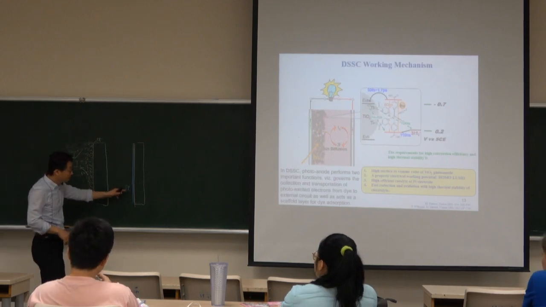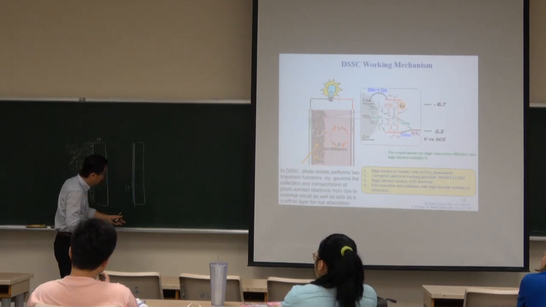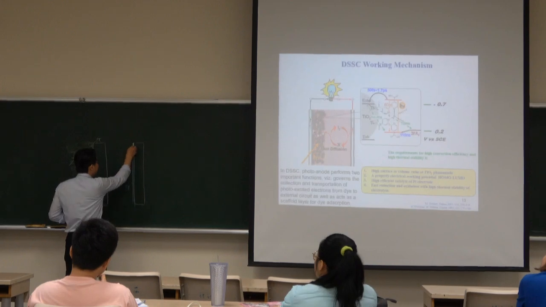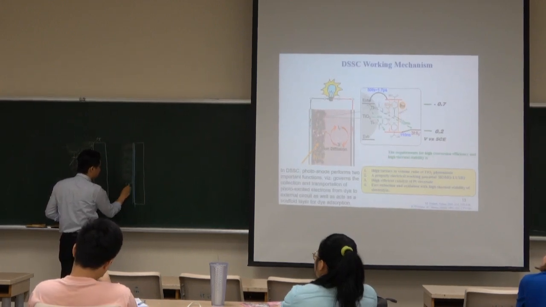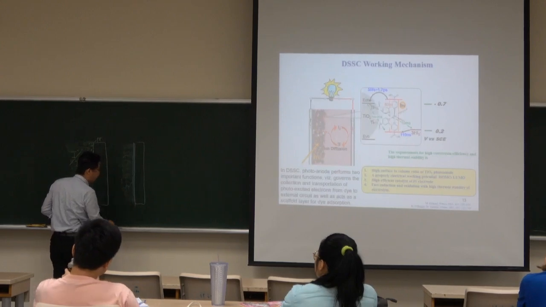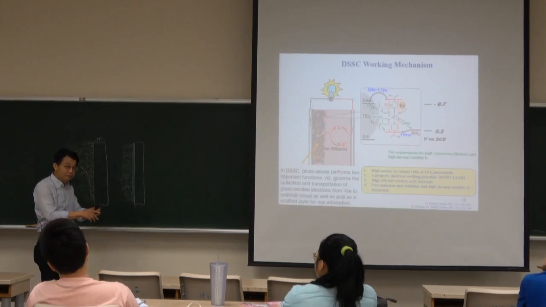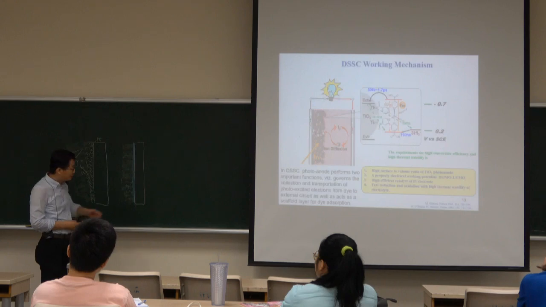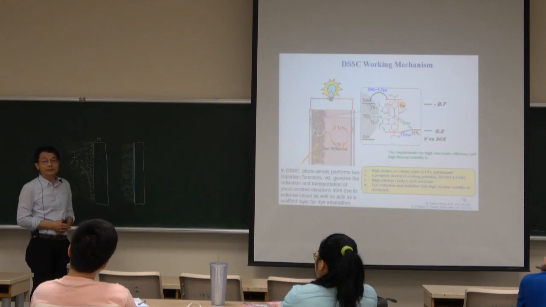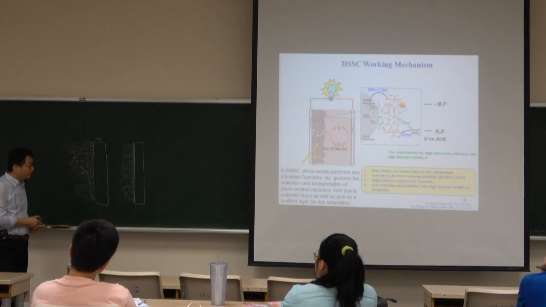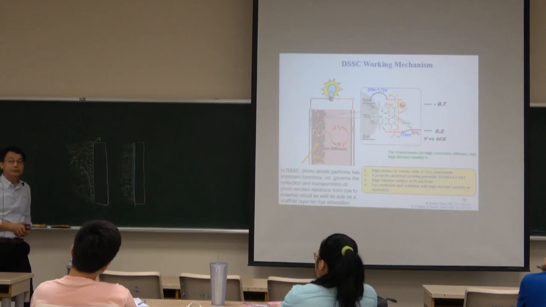But if the Pt is only a thin leg, the electrolytes have a limitation in contacting the Pt. So the high surface to volume ratio of Pt particles is even better than a thin film structure.